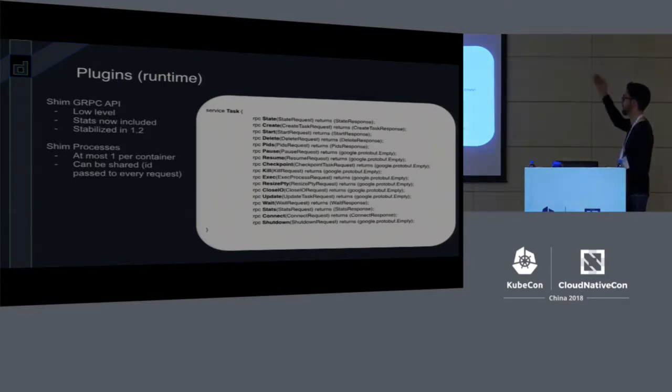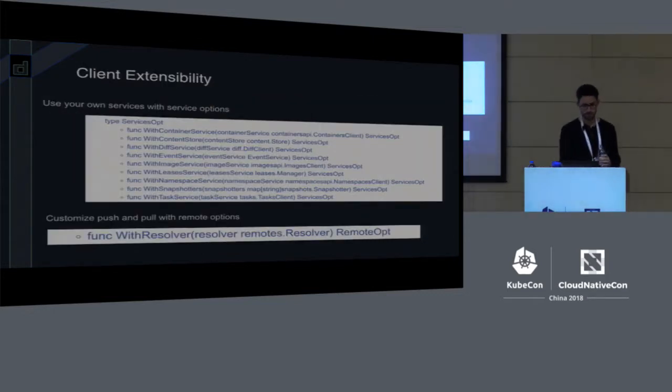So this allows any runtime to fully implement this interface and be much more useful to a broader range of runtimes. So those are two of the main extension points inside the daemon.